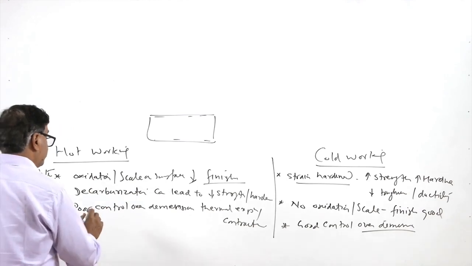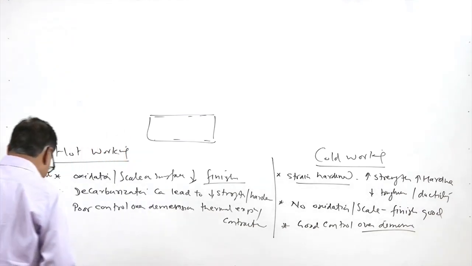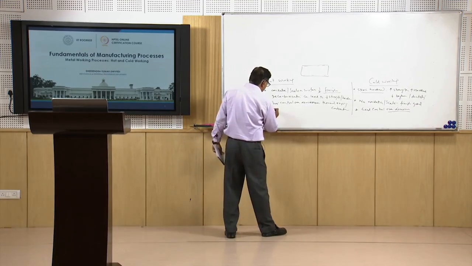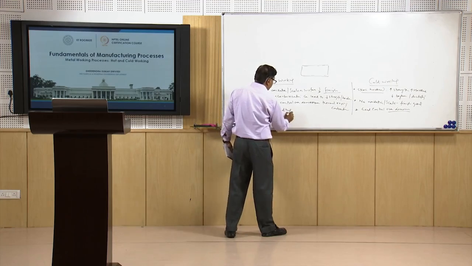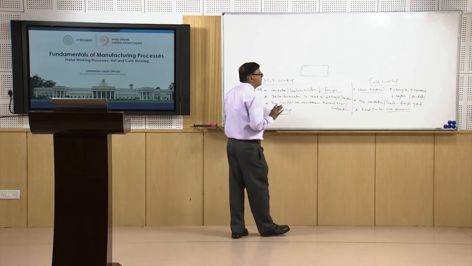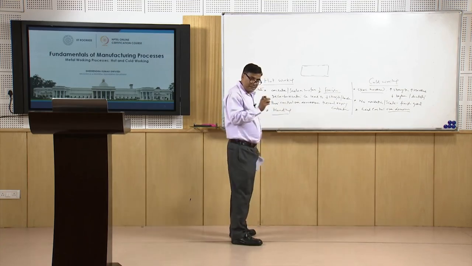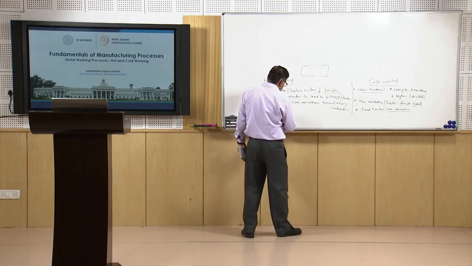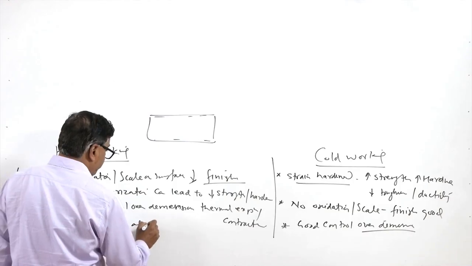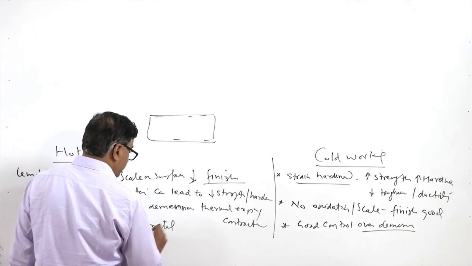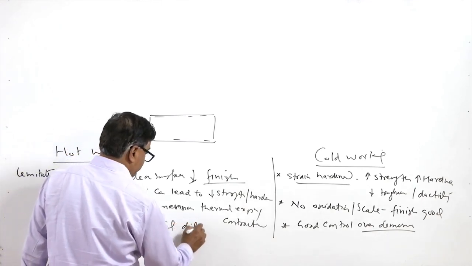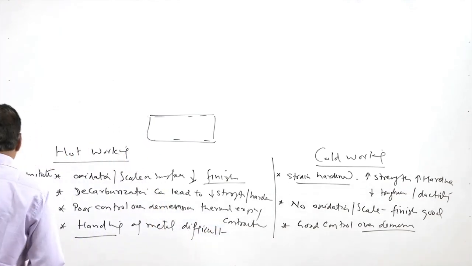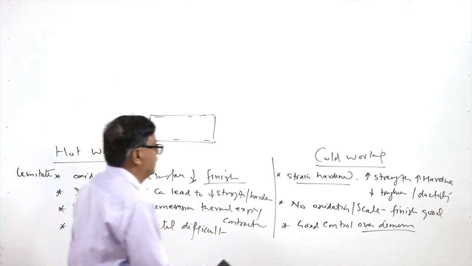So, this is another limitation related with the hot working processes. One more thing, the handling is difficult because the metal is hot. So, you need to use special equipment to handle the metal during the hot working, which makes the handling of the metal difficult. So, these are the limitations related with the hot working.